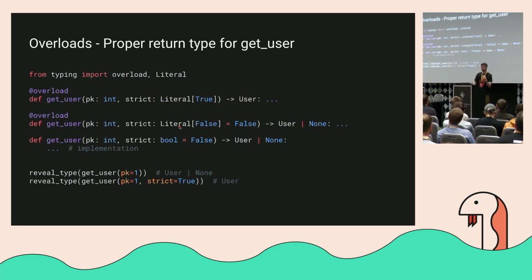If it passes False, this could be bool as well, it would also work because I'm handling it through here. So the only other possibility because of the ordering is False. If I pass False, or if I don't pass anything, since this is the default, strict equals False, then I get this signature. But you'll need Literal because False itself is not a type. False is an instance of the type bool.